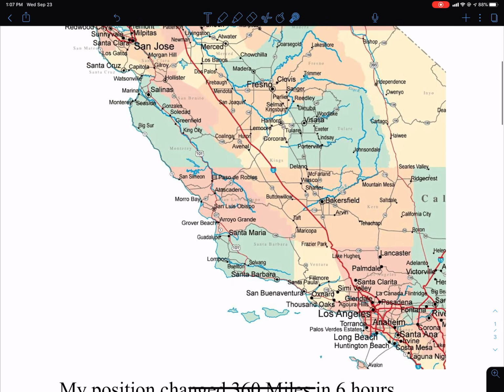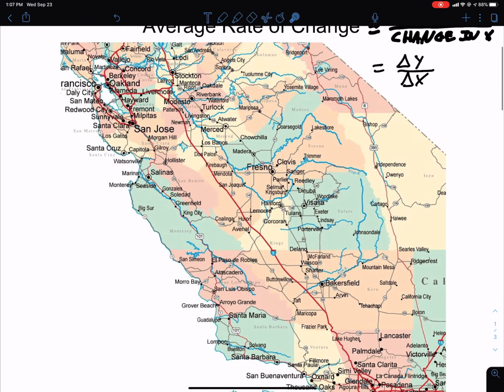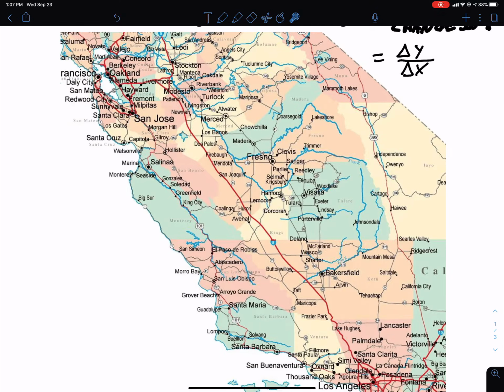So we're going to do velocity. So let me give you a little talk about velocity. Actually, let me do average velocity. So average velocity itself is a rate of change.